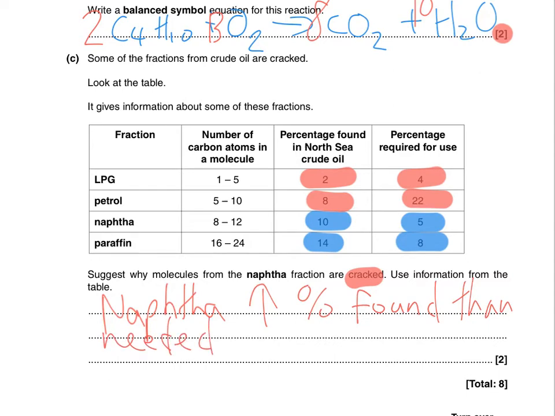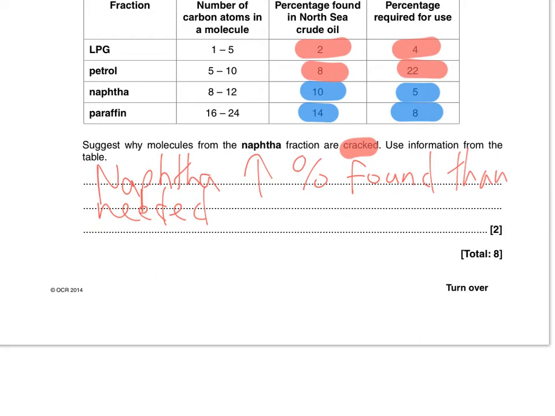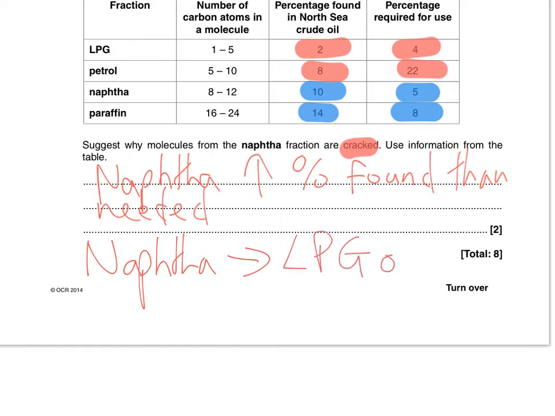Your second mark is for saying that naphtha can be converted into LPG or petrol, which is in greater demand. You can see that petrol, we only get 8%, but we need 22%. And that's how it works. On to the next page.